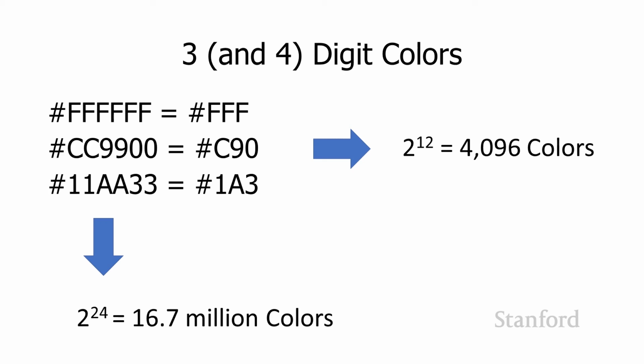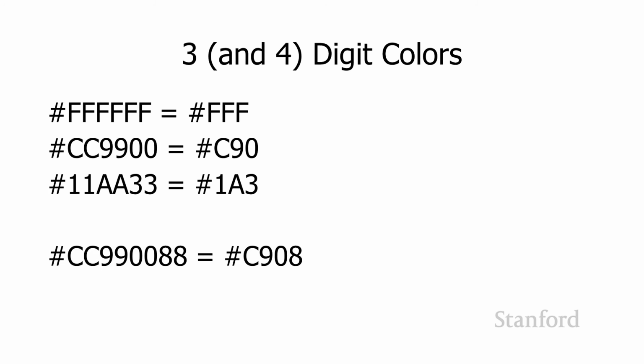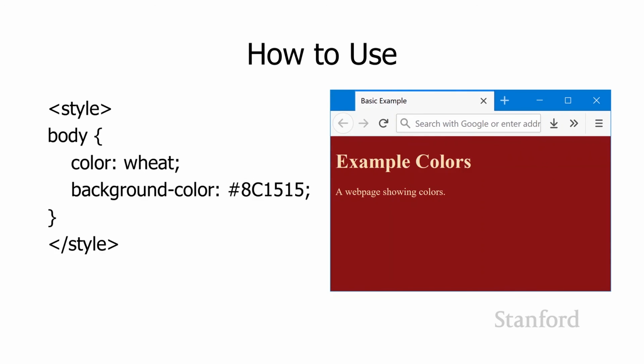So basically, you're losing the ability to specify a lot of colors. But unless you're fine-tuning things, you may not notice. It just really depends on what you're doing. And you can also specify these with 4 hexadecimal digits, where the 4th hexadecimal digit corresponds to the amount of alpha.